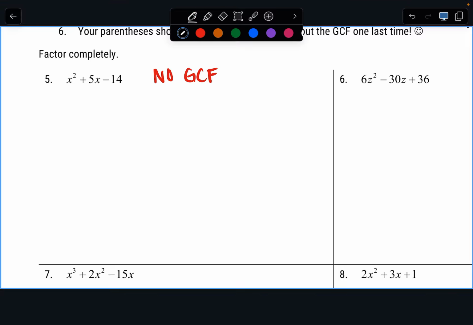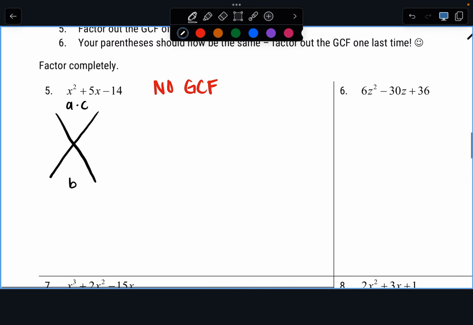So usually what we'll do is we'll draw a big X. And then at the top, we have A times C, and at the bottom, we have B. If you do not remember standard form of a quadratic, that is y equals ax squared plus bx plus c. So whatever number is with the x squared term, that is a. Whatever number is with the x, that's b. And whatever number is by itself, that's the constant, that's c.